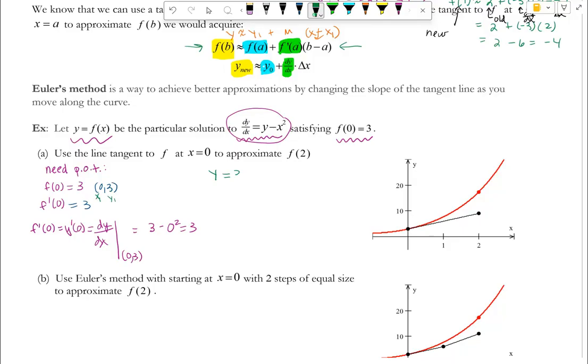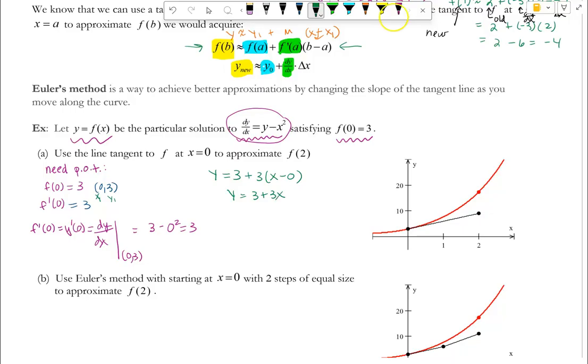So that's going to be equal to 3 plus my slope, so my dy dx, which was also 3, times my change in x, or if I'm just writing this as a tangent line equation, that's going to be x minus x sub 1. So in this case, that's like x minus 0. So we get that our actual tangent line equation is like y equals 3 plus 3x.